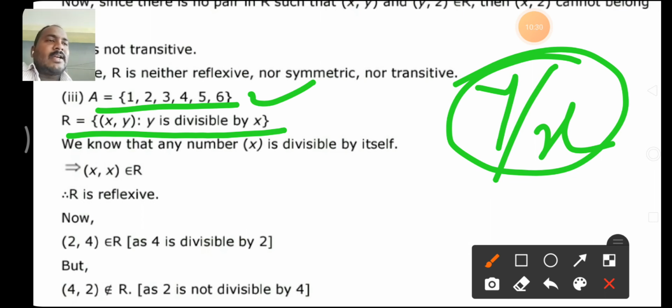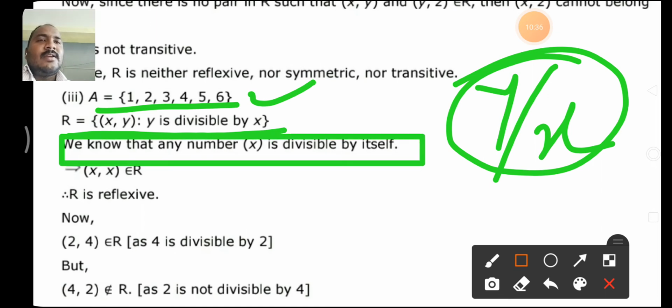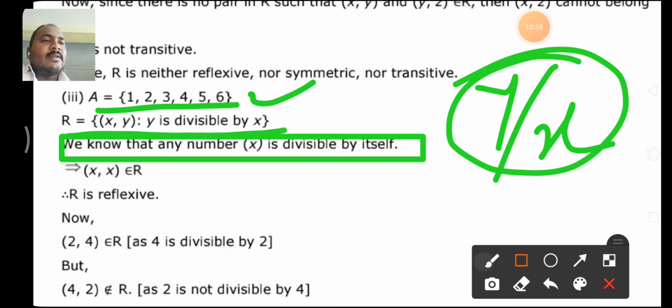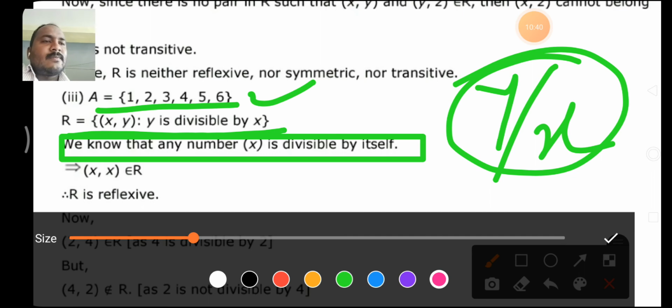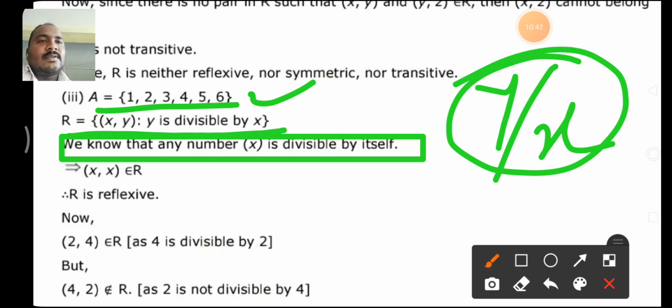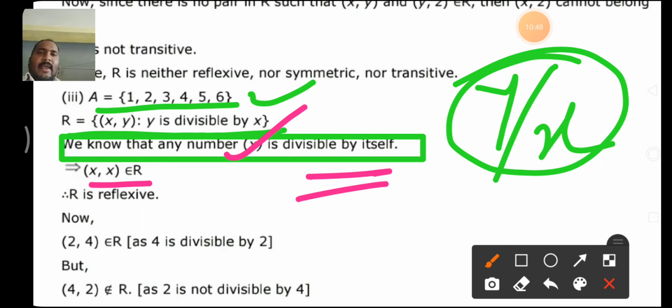Next, we know that any number x is divisible by itself. Because of this, (x,x) belongs to R. Therefore, R is reflexive.